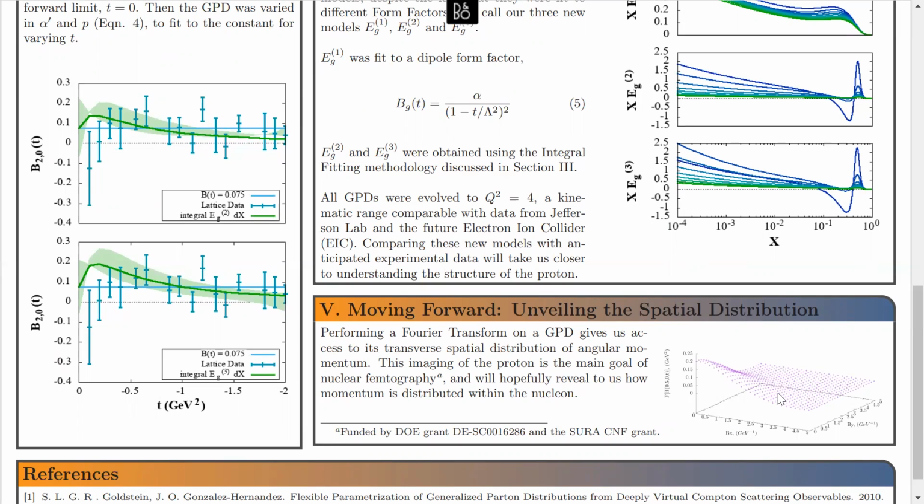We also want to input the gluon sector to make a more complete spatial distribution of the angular momentum, which is what the Fourier transform does on a GPD. This is what we call imaging the proton, and it is mainly our goal. We just want to see how momentum is distributed within the nucleon and what that looks like.